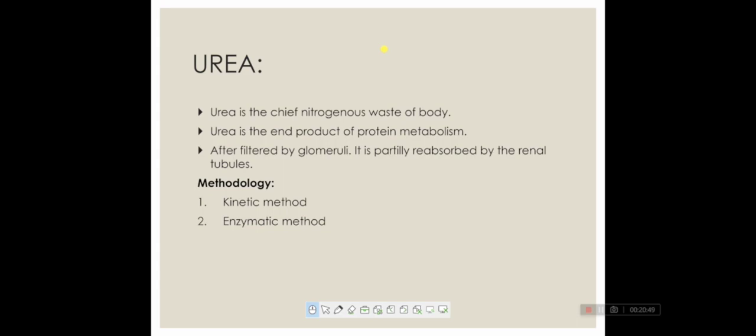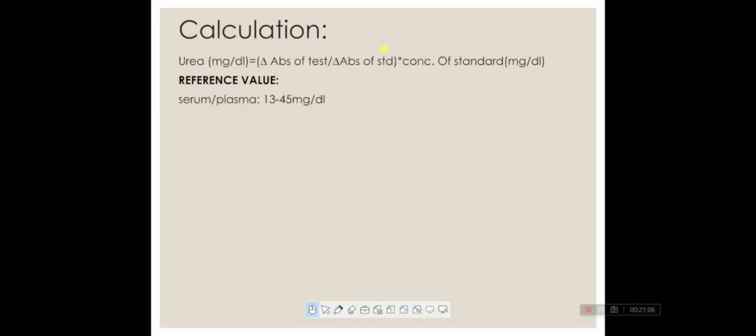So urea is the end product of protein metabolism, and after filtration by the glomeruli, it is partially absorbed by the renal tubules. There are two methods to perform urea estimation in the blood. The first one is the kinetic method and the second one is the enzymatic method. Generally, urea is estimated by the colorimetric method.